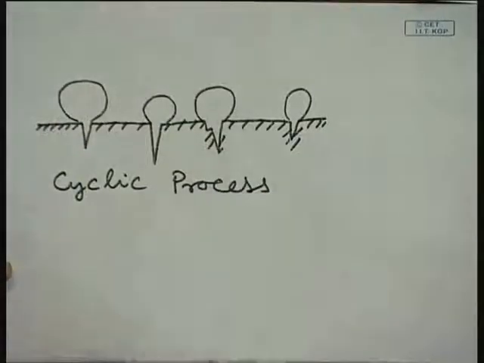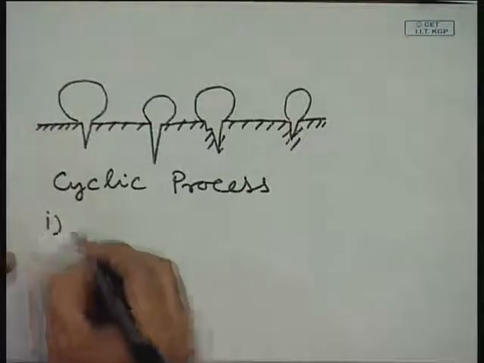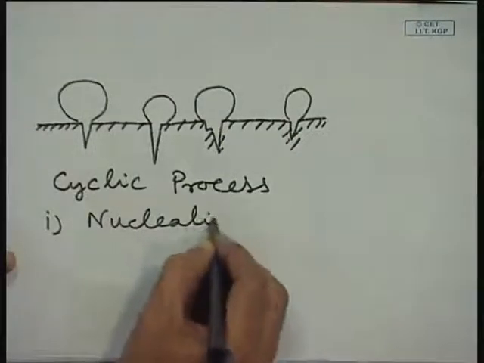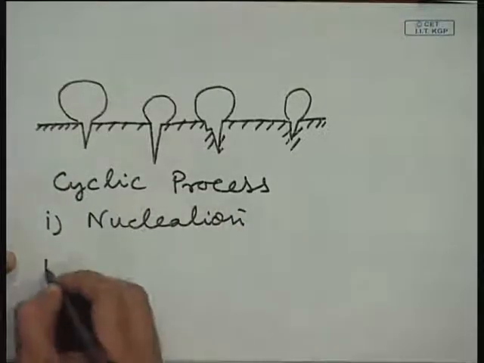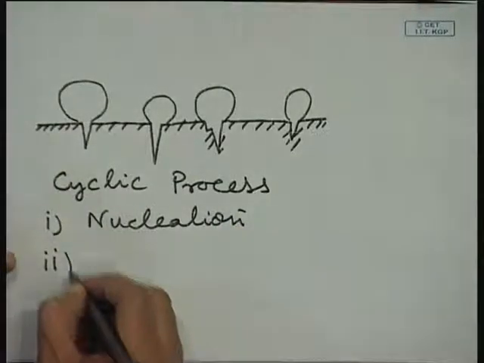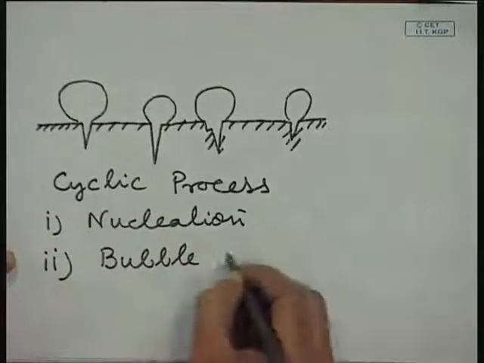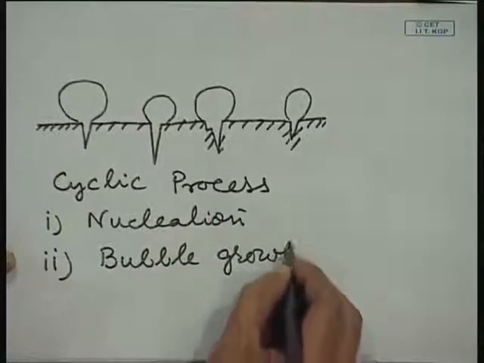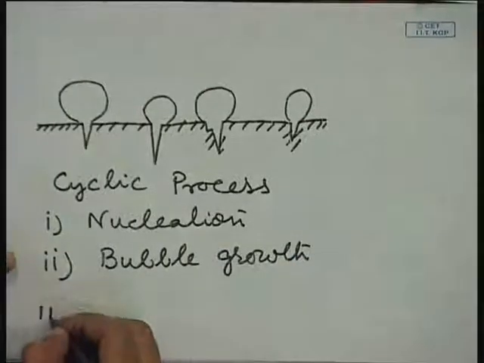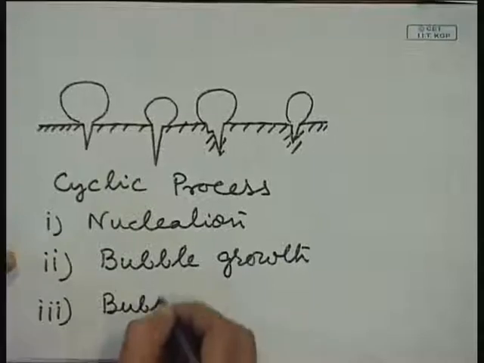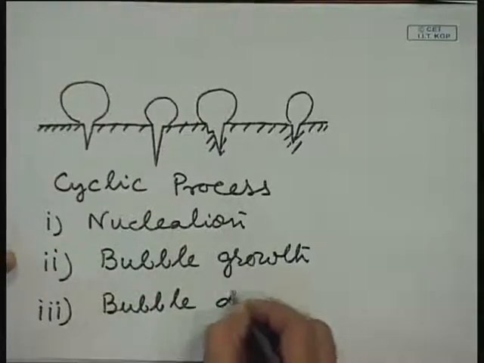So, what is the cyclic process? What are the components of the cyclic process? First is nucleation, then the second one is bubble growth, and the third one is bubble departure.